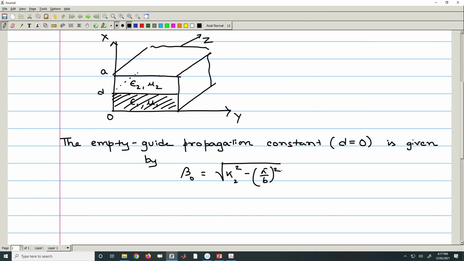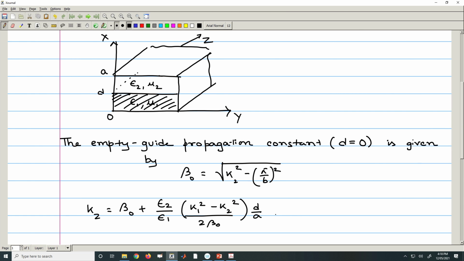And we need to show that for small d, kz is given by beta naught plus epsilon 2 upon epsilon 1 times k1 square minus k2 square upon 2 beta naught times d upon a.